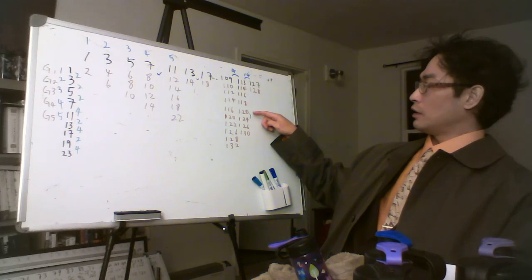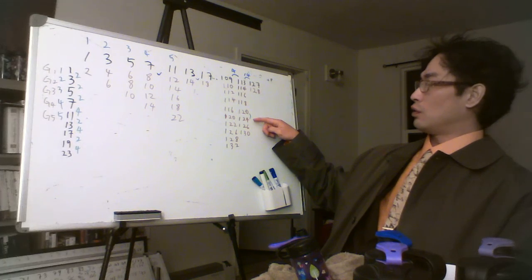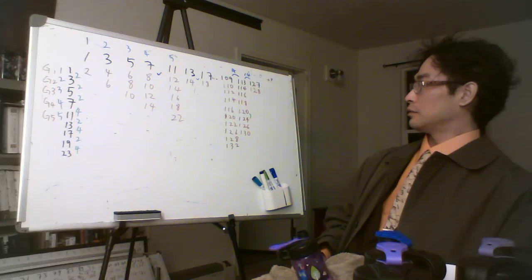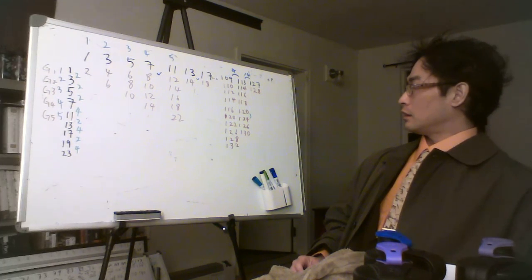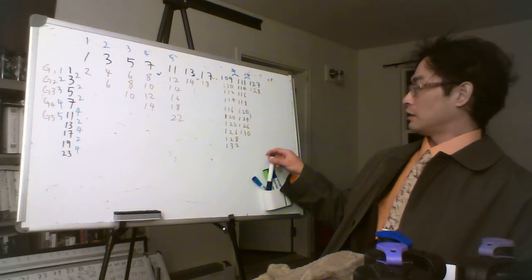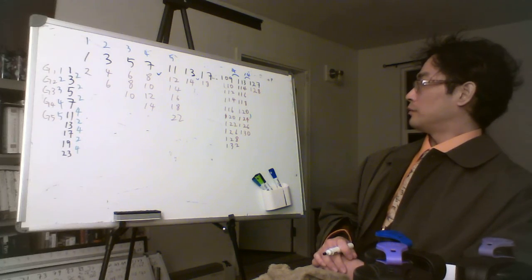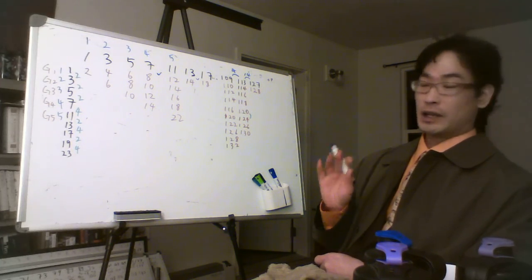So the skip happens because the prime gap here is 4, right? It's not 2, 2, 2, but 2, 2, 2, 4. Let's just pretend 111 is a prime number.